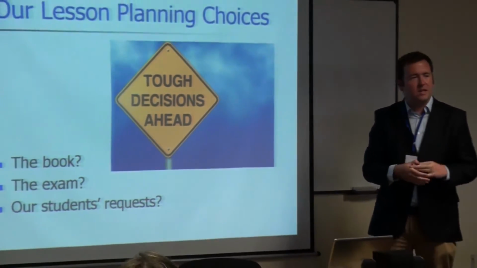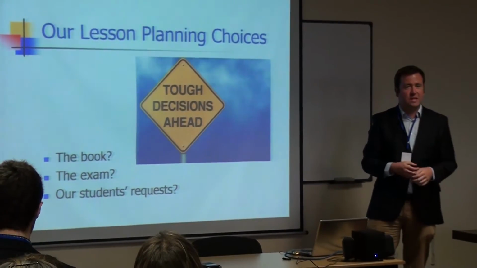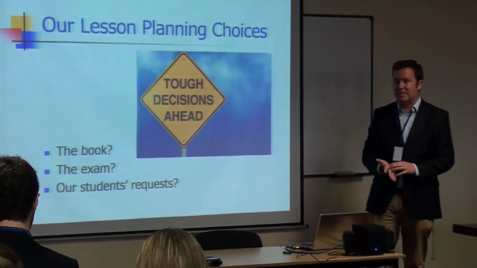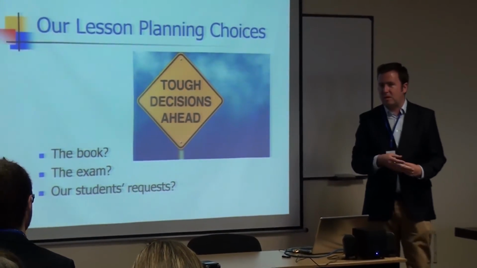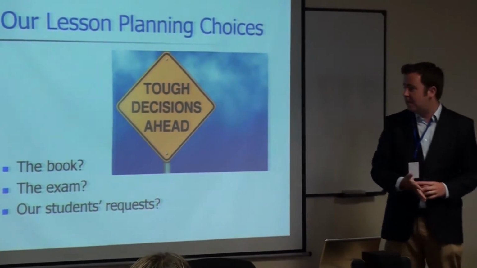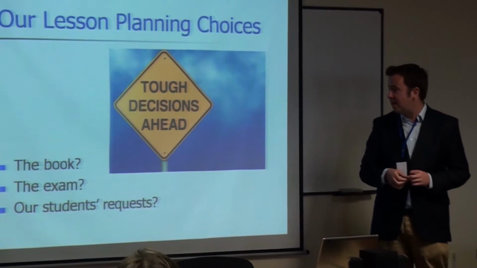Okay, so when it comes to planning a lesson, we are faced with many different choices and different factors that influence our choices. So, what sort of factors will help us decide what we're going to teach in a particular lesson? Obviously, the course book will play a part.